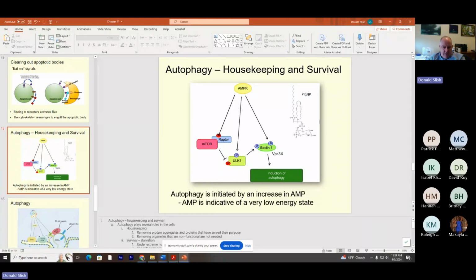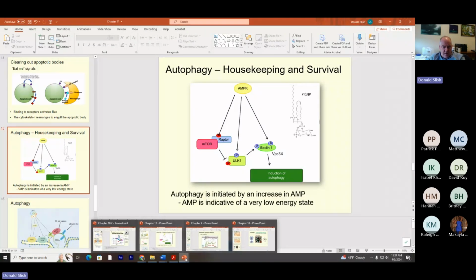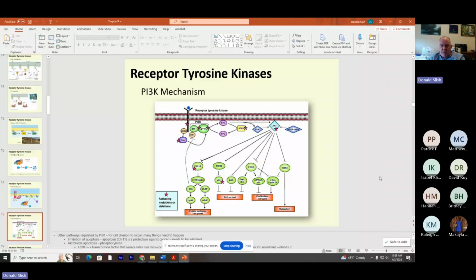So let me back up to chapter 9. Okay, this keeps coming back. Here is mTOR, Raptor over here. AKT is going to inhibit TSC, which activates mTOR, which is activating protein synthesis and cell growth. So this pathway is all about cell growth.